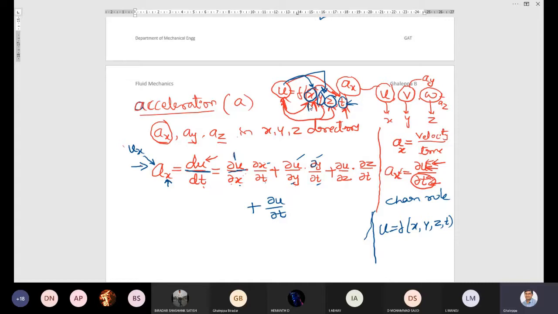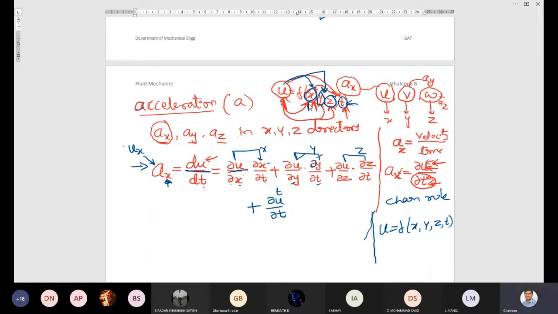So here it is an x term, here it is a y term, here it is a z term, and here it is time t. And don't change it to v here, because I am writing acceleration in x direction. So don't assume that velocity is in v direction. That will be for the second when you are writing for acceleration in y direction.